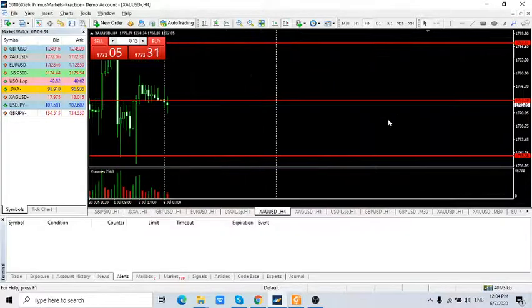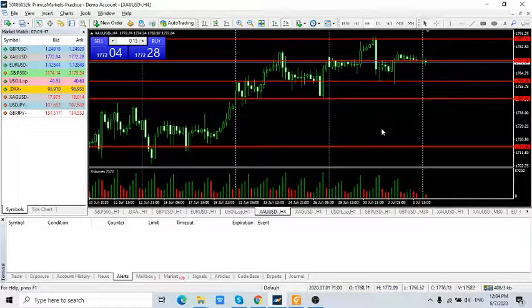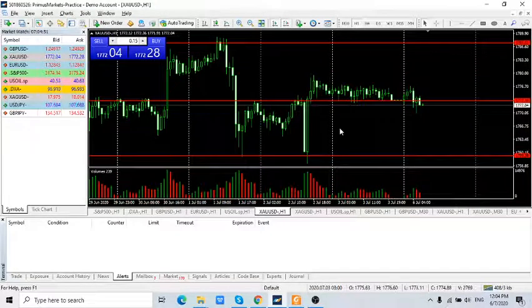Currently it's still in a consolidation phase, and the items to look for that will influence whether gold prices go up or down: number one definitely will be the coronavirus situation, especially in the US, and also recent political tensions with China after they implemented the Hong Kong national security law.